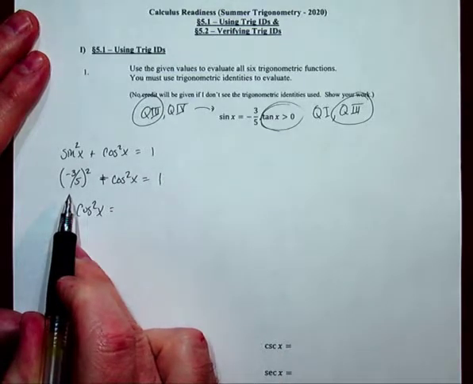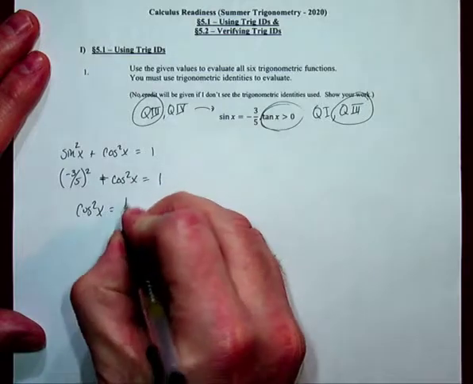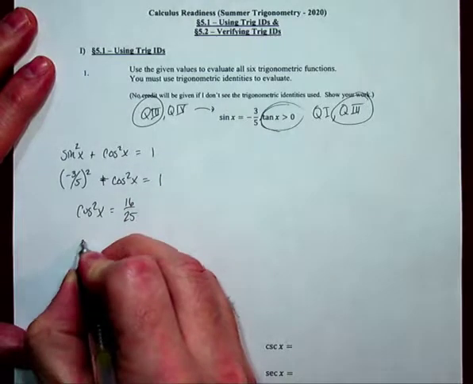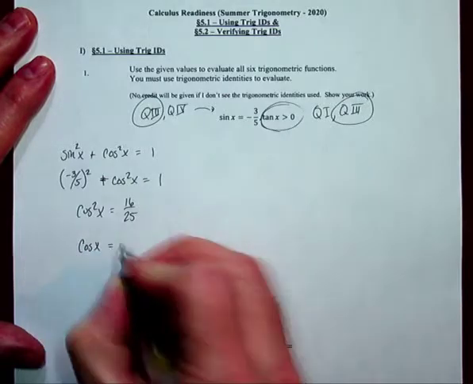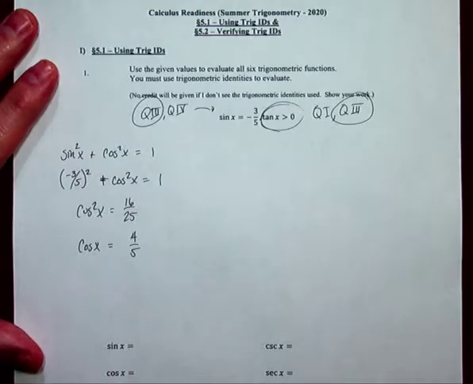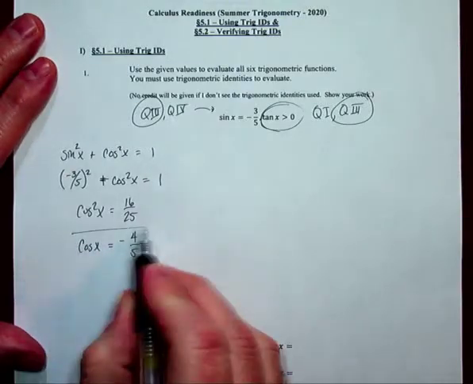Well, 1 is 25 over 25, so 25 25ths minus 9 25ths is going to be 16 25ths, and therefore cosine x is plus or minus 4/5. But we've already said that x, the angle that we're dealing with, is in the 3rd quadrant, so cosine, of course, is negative.